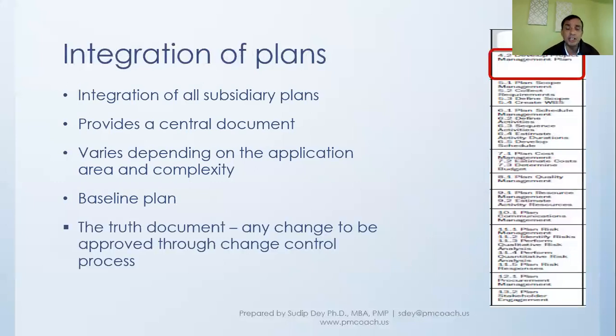In other words, it will be the truth document. So any change to this plan will have to be approved through the change control process. We'll talk about the change control process. It's a formal process, with all the analysis and required approval. So we cannot just go and change any of the baseline plan. It has to go through a process.